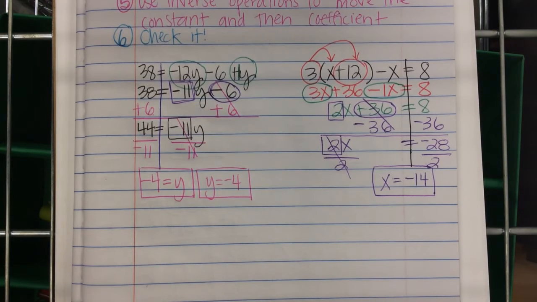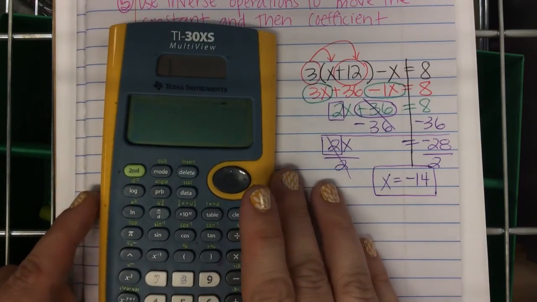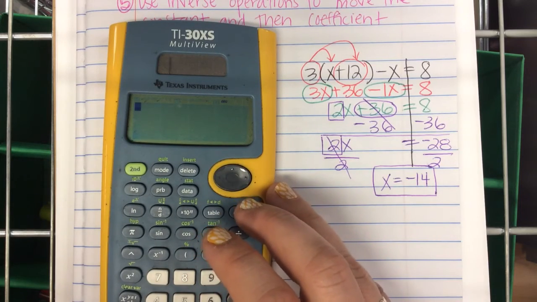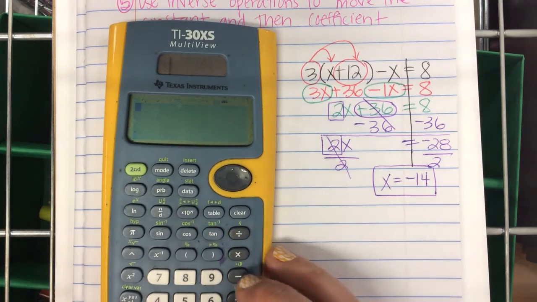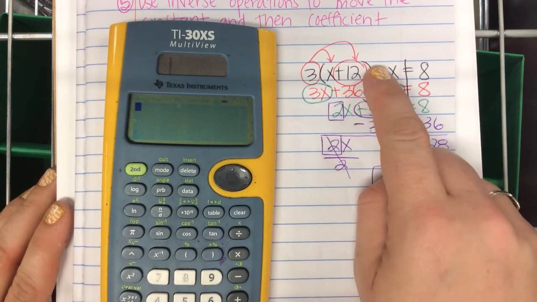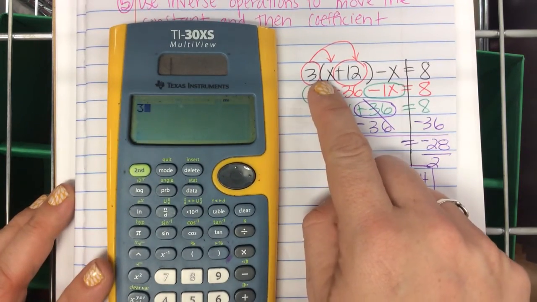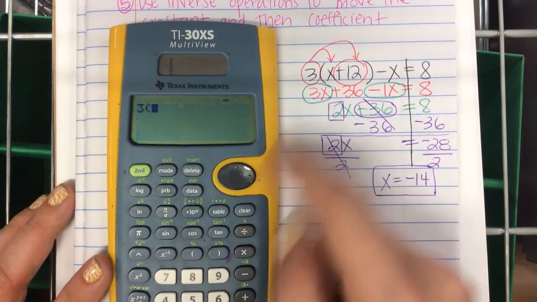Let's check this one in our calculators. Get them ready. Let's type this in. 3 parentheses.